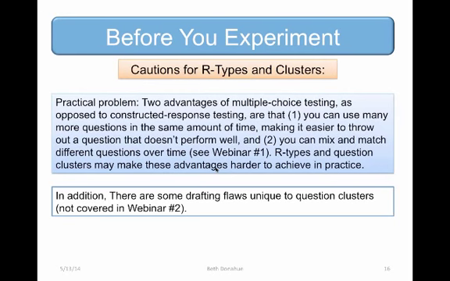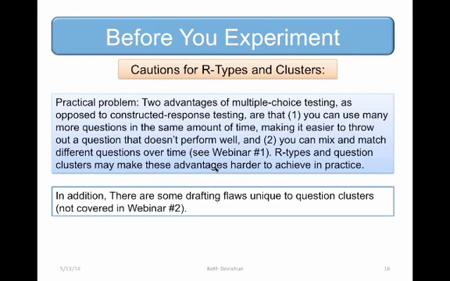And going forward, you can mix and match multiple choice questions in a way that you can't necessarily do with essays and performance tests and activities that take a longer amount of testing time. So once you start grouping your questions together as R types or clusters, some of these advantages might be harder to achieve in practice.